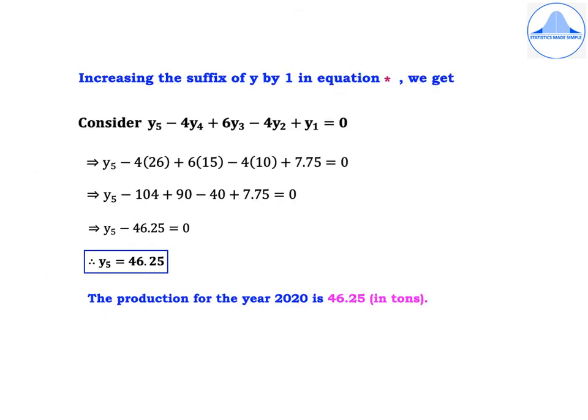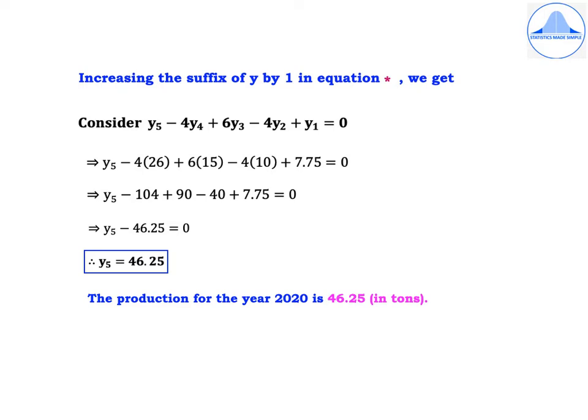To find out the next missing production, we increase the suffix of Y by 1 in equation star, and we get the equation as Y5 minus 4Y4 plus 6Y3 minus 4Y2 plus Y1 is equal to 0, which implies Y5 minus 4 into 26 plus 6 into 15 minus 4 into 10 plus 7.75 is equal to 0, or Y5 minus 104 plus 90 minus 40 plus 7.75 equal to 0, or Y5 minus 46.25 is equal to 0.